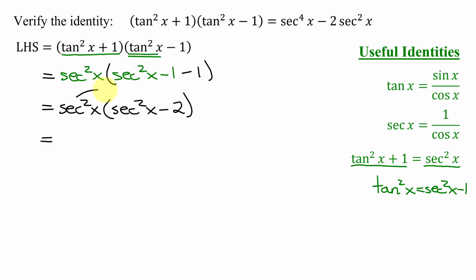So I'm going to get secant squared x times secant squared x, which is the secant of x all raised to the fourth power, which we write as secant to the fourth x. Then I have secant squared x times negative 2, which is negative 2 times secant squared x.